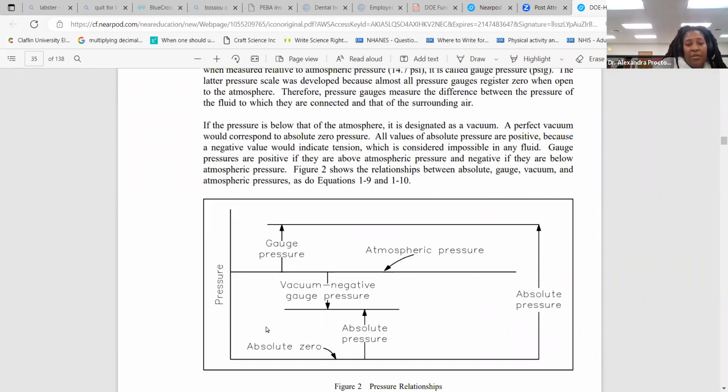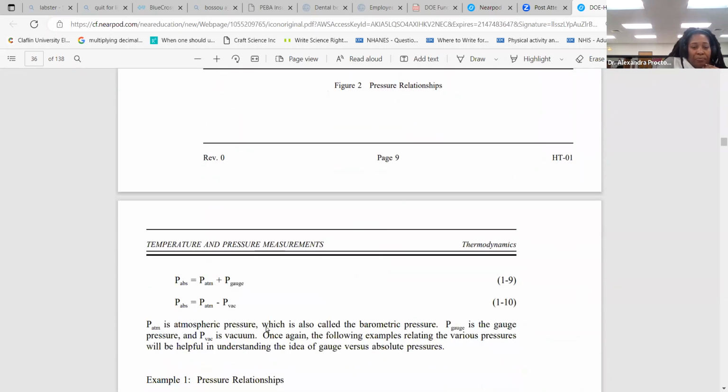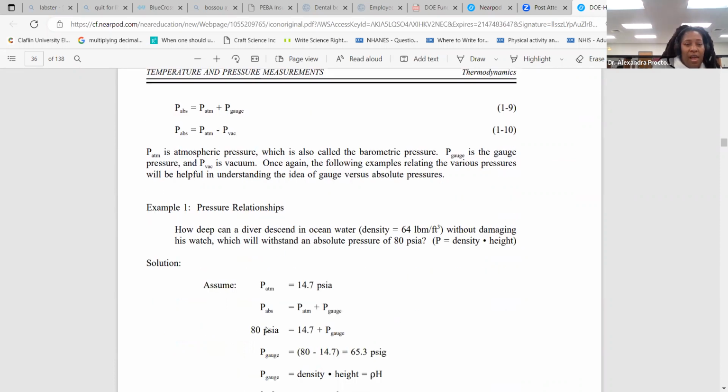Okay, and so that's what you see. And so they give you these expanded equations. So absolute pressure is equal to pressure of the atmosphere plus pressure of the gauge.